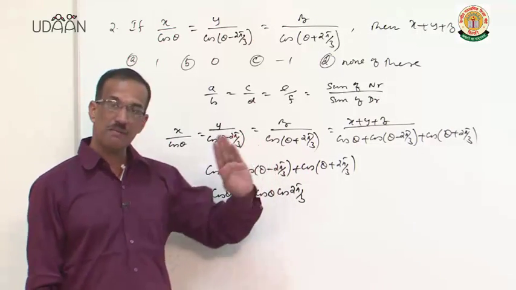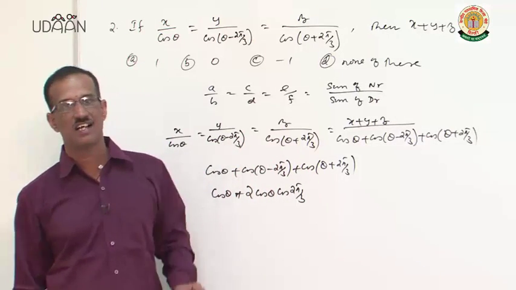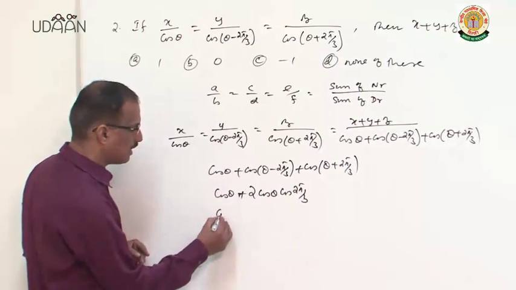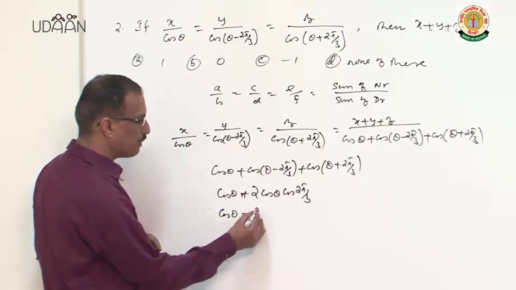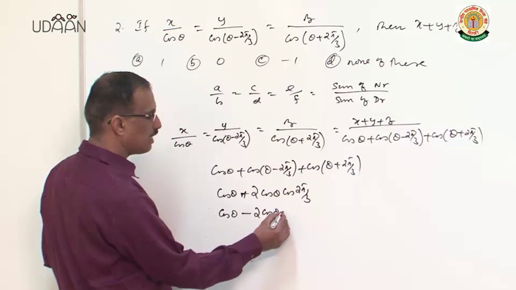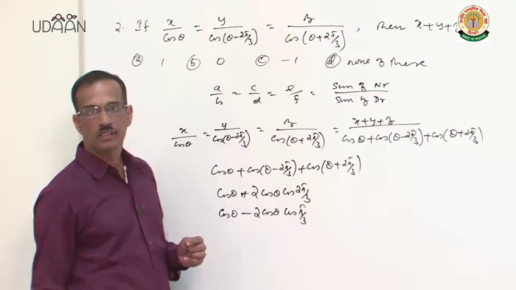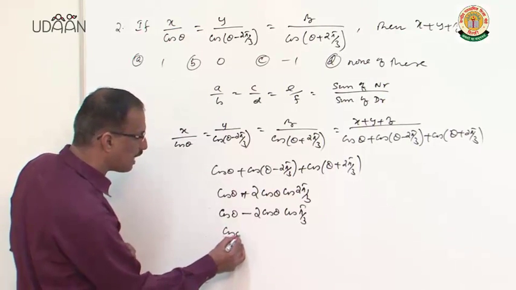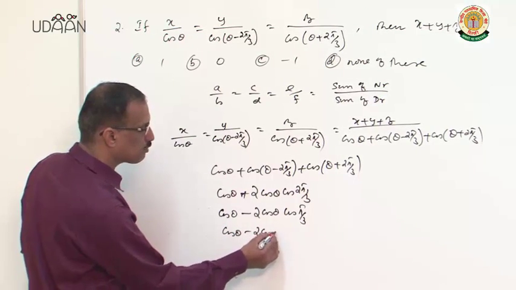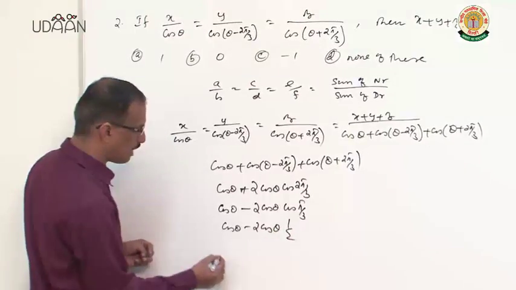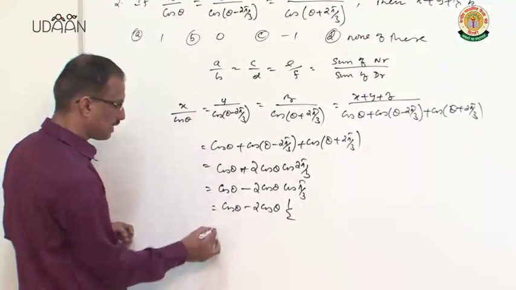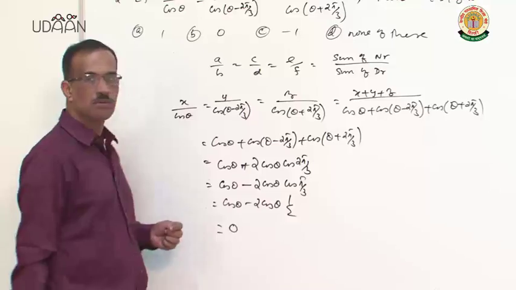So, cos pi minus theta is minus cos theta. So, this gives us cos theta minus 2 cos theta into cos pi by 3. Cos pi by 3 is half. So, cos theta minus 2 cos theta into half, or we can say this is equal to 0.